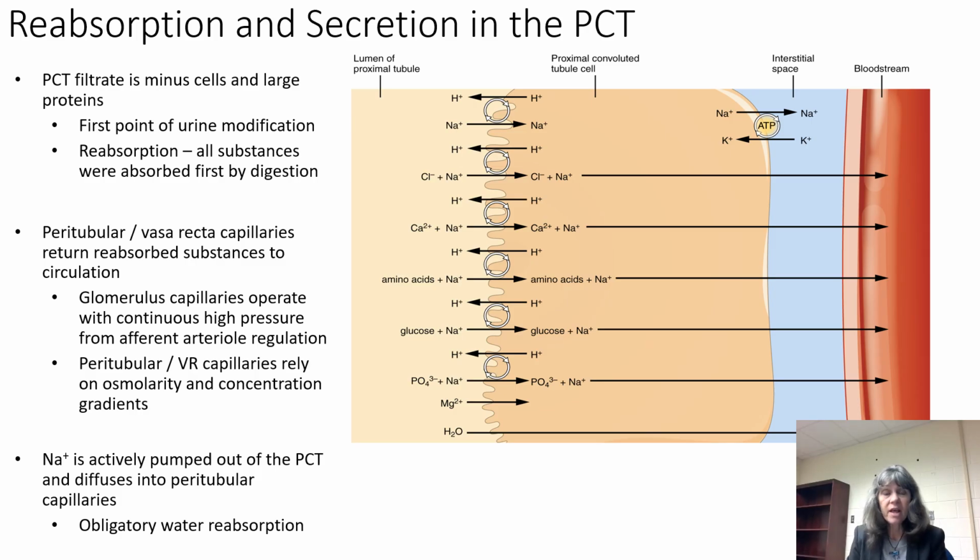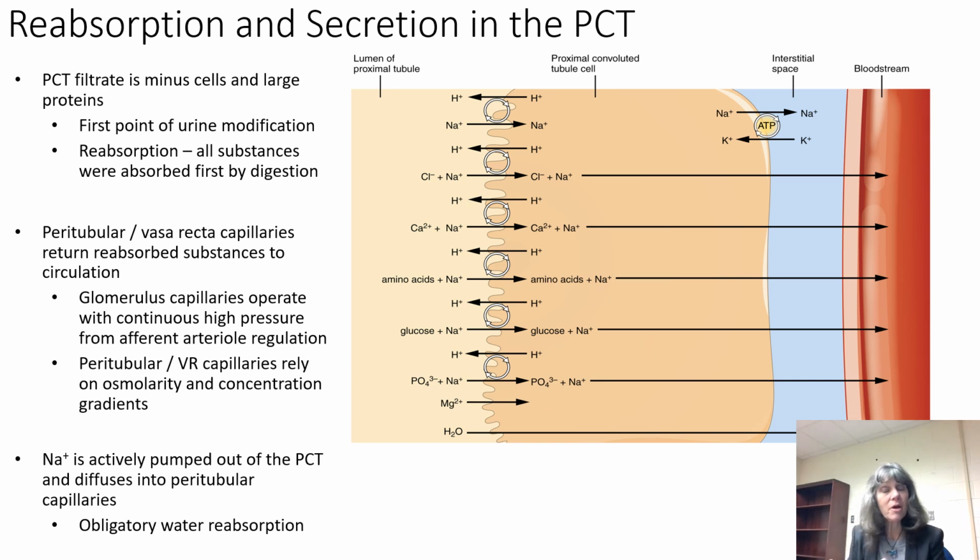That filtrate does not have formed elements, which are the red blood cells, white blood cells, and platelets, because those formed elements are too large to be filtered through the fenestrated capillaries in the glomerulus, unless there's damage to those capillaries where big stuff is going through.